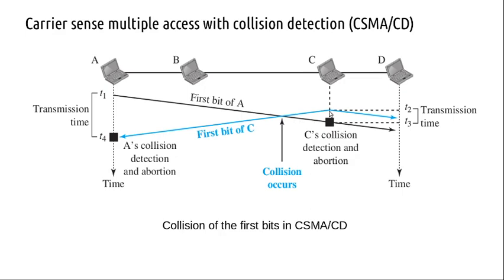Once C comes to know that there is a collision, it will send out a jamming signal, a particular sequence, through the entire network. It will broadcast, you can say. So when we take up Ethernet, we see that there is a CRC field, a cyclic redundancy code field.